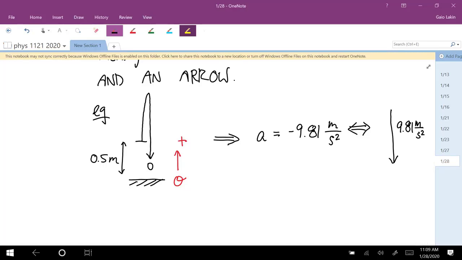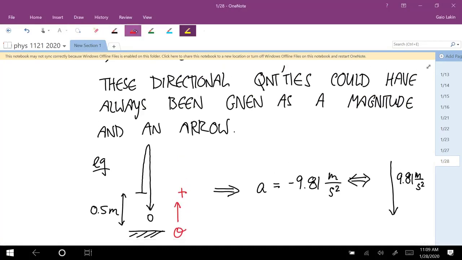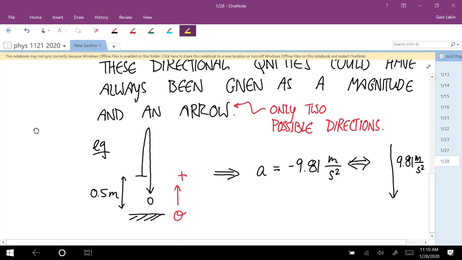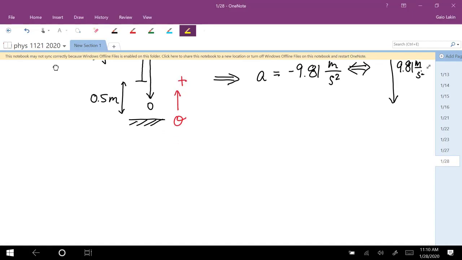It's just that the arrow direction for motion along a line only has two possibilities. Well, that's the idea of a vector, except that now we go to 2 dimensions, and the same idea works in 3 dimensions too.